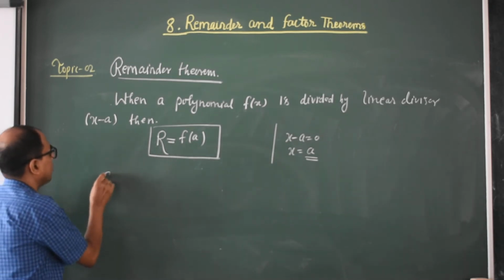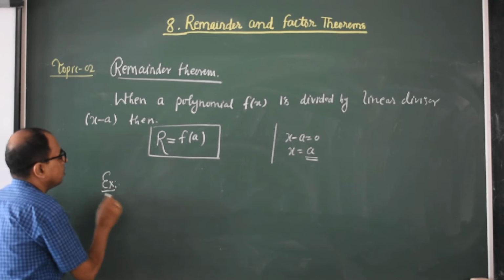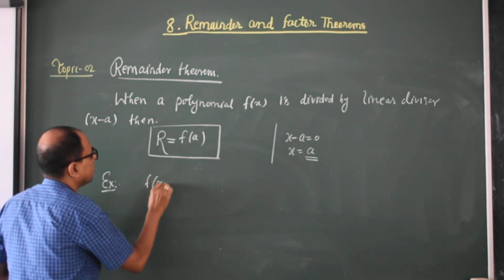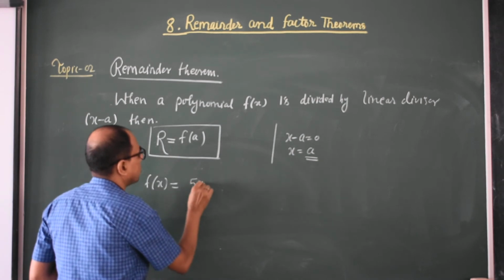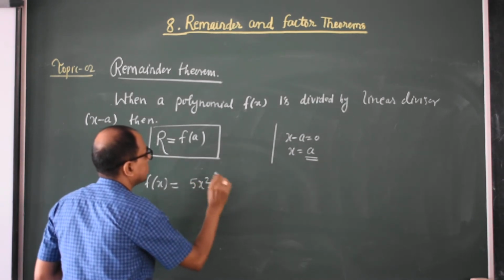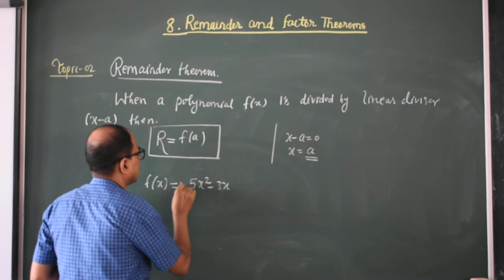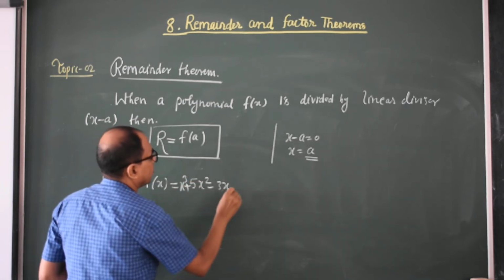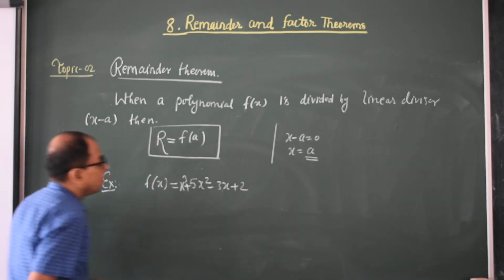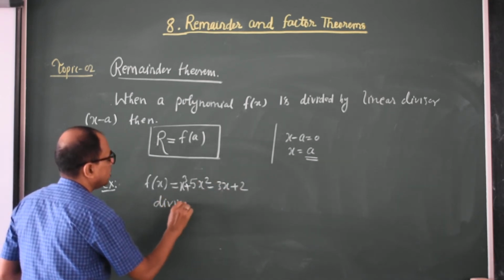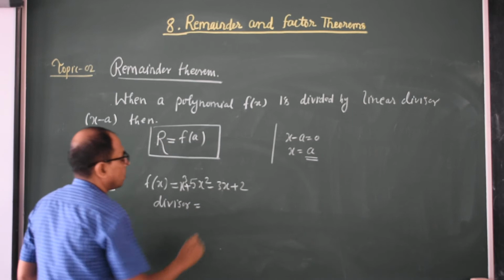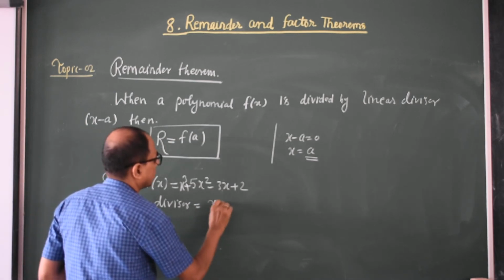For example, suppose f(x) is equal to x cube plus 5x square minus 3x plus 2. Now suppose the divisor is x plus 1.